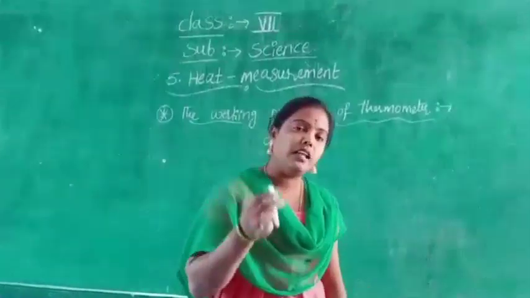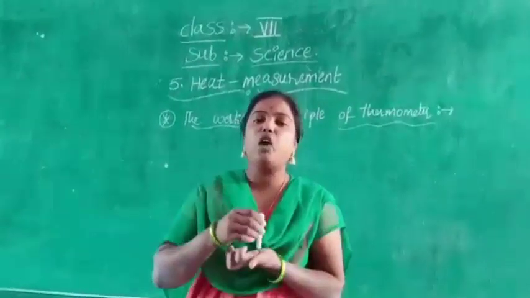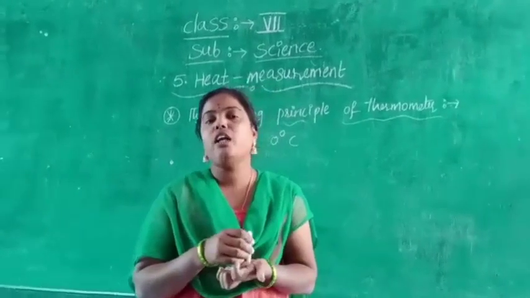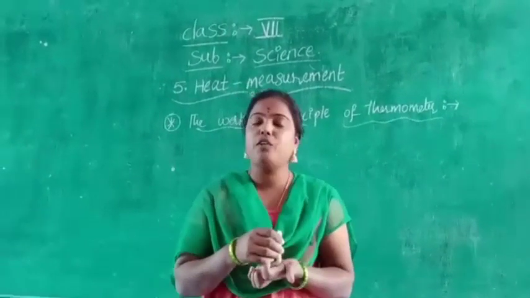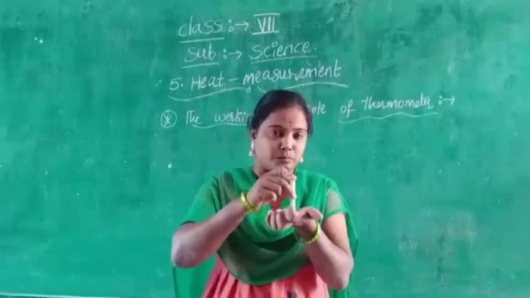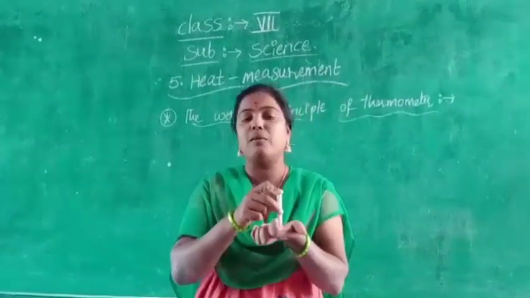Then take the thermometer, keep it on your palm and wait for 2 to 3 minutes. After that, what will you observe? The mercury level is rising in the thermometer.